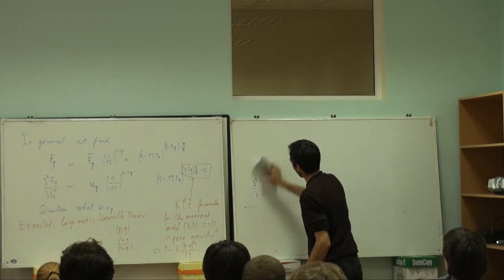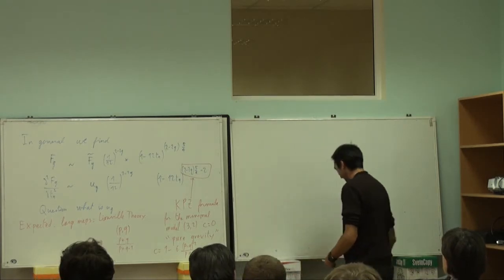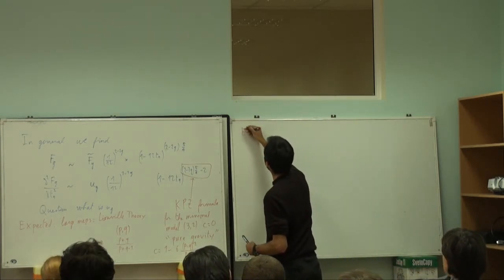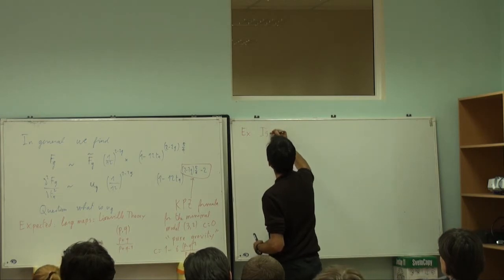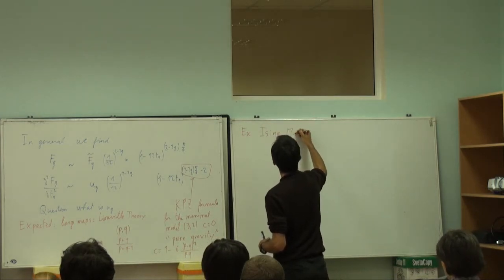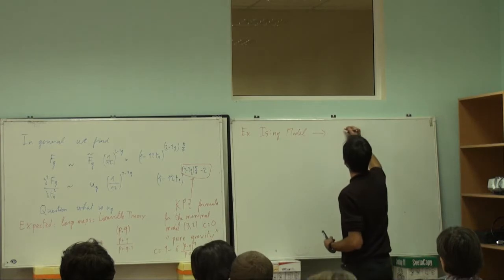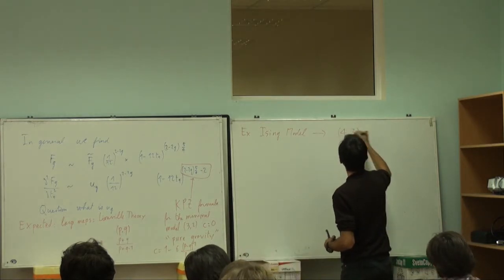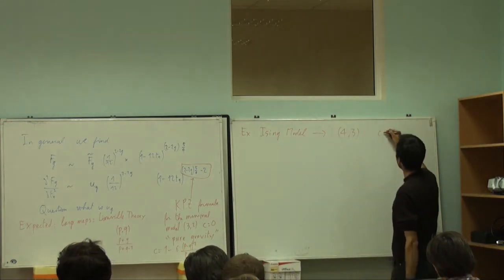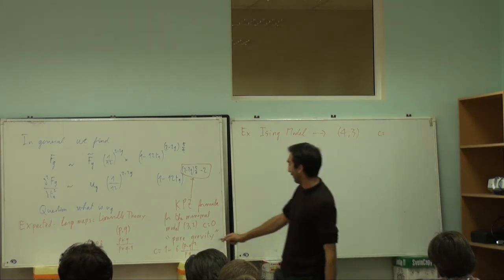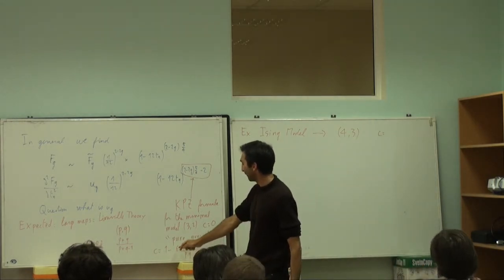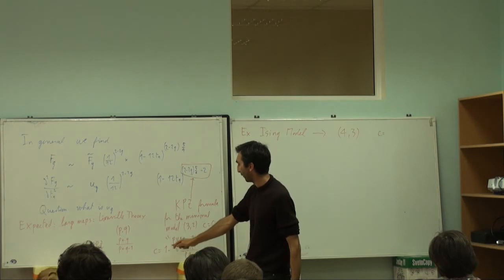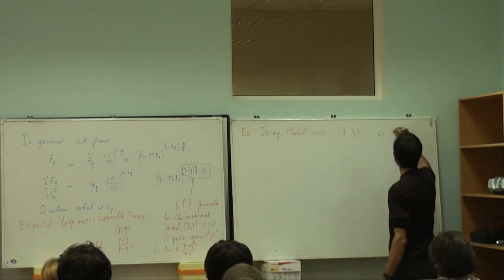And for the Ising model, this is 1/2, which is related to the spin 1/2 field. So, for example, the Ising model should correspond to the 4-3 minimal model, which has central charge: you can check 1 over 12 multiplied by 6, that's 1/2, 1 minus 1/2, it's 1/2.